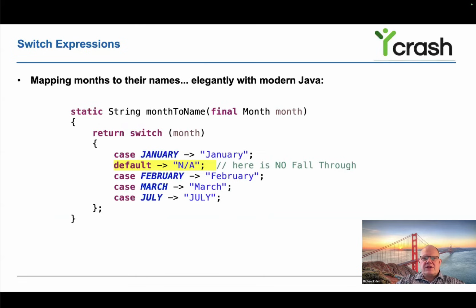And as I mentioned, in the past, if you have a default and you forget the break, then you have some fall throughs, perhaps even several times, which can be very confusing. Right now, it's still a good practice to move the default to the last position, so that's a bit more clear.